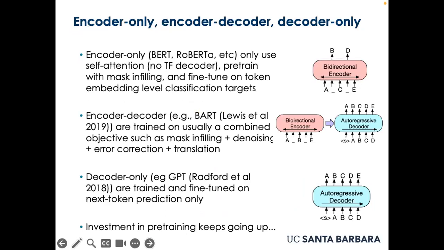But it's not there when you train the encoder only model. That's why they're different. That and the objective. The fact that in the encoder only objective, the things that you're predicting are aligned in the sequence with where they're actually located. Whereas with the decoder only, the outputs that you're predicting are shifted left 1 from the input sequence.